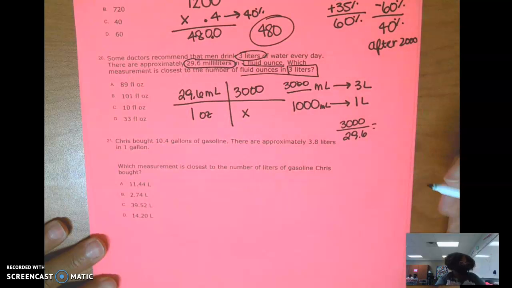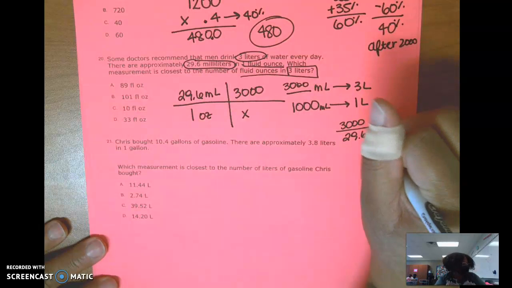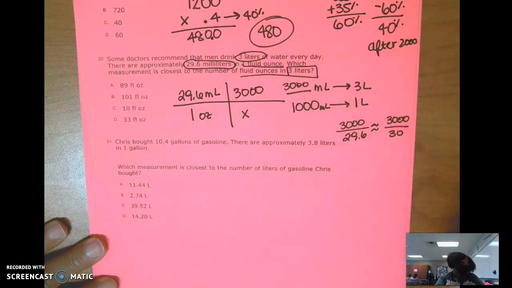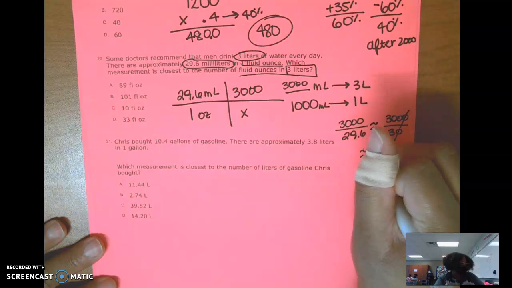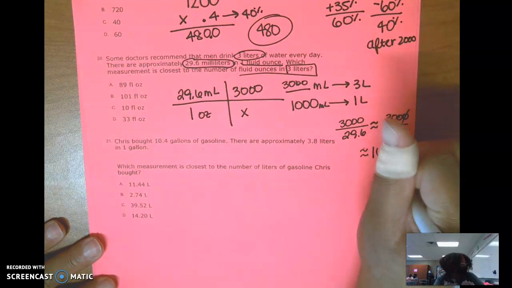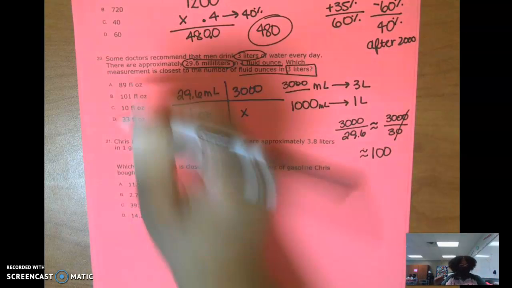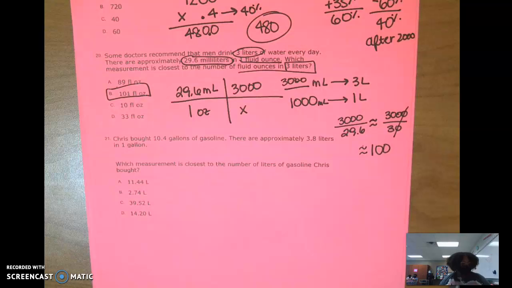What's 29.6 close to? 30. So let's say about 3,000 divided by 30. What can I cross out? The zeros. And then what's 300 divided by 3? 100. So it's about 100. Which answer is about 100? B, because I need a little bit more since I have a little bit less than the 29.6.